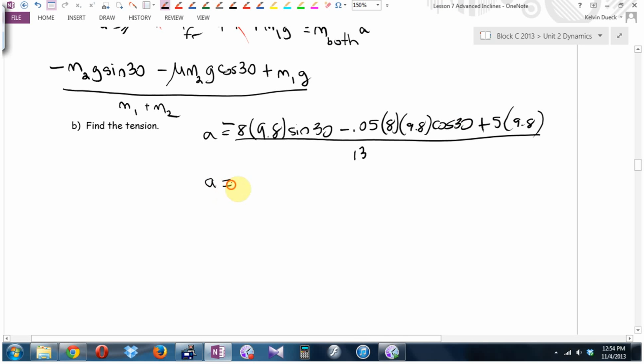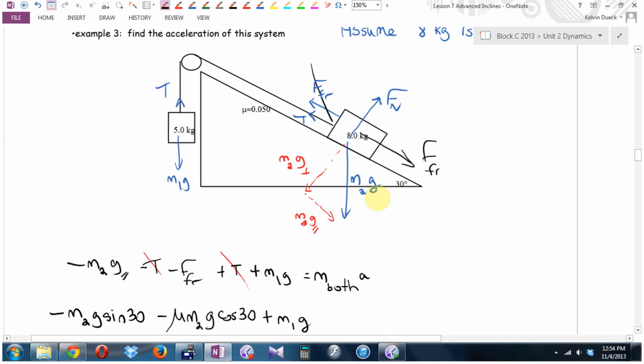A equals 0.493 meters per second squared. Hey, what does B want us to find? Tension. What would be the easier mass to look at to find tension? Mass 1. Who's winning in mass 1?